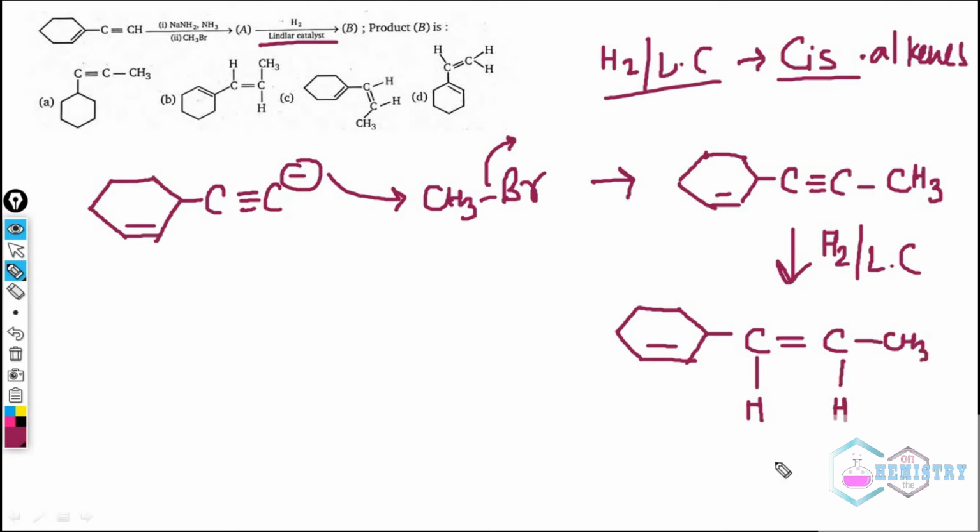That means a cis variant. Among these, this is an alkyne, so obviously this is not the answer. This one is a trans, so this is not the answer. This is not the product, so this will also not be the answer. And this one you can see is a cis variant. This cis variant will be our answer.